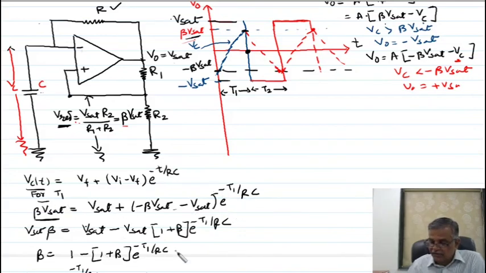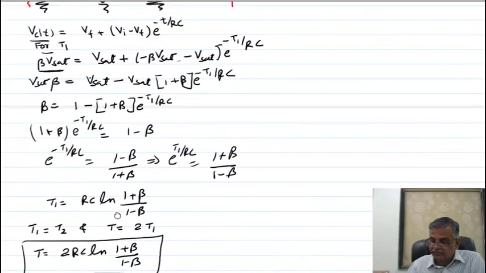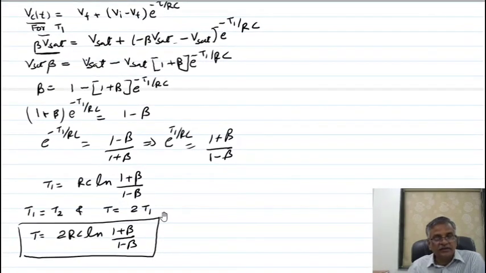So by simplification of this, you can get the value of the periodic time. t1 is equal to t2, so you can find it is 2 t1. So T is equal to 2RC ln of (1 plus beta) upon (1 minus beta).